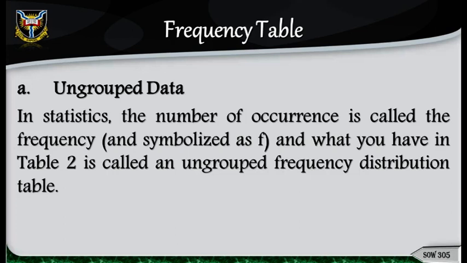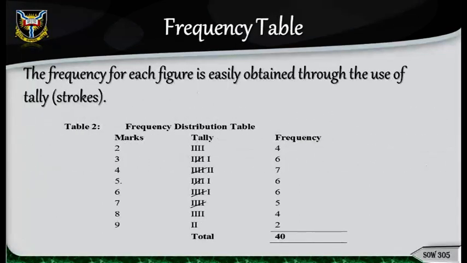Therefore, an ungrouped frequency distribution is a list of figures occurring in the raw data together with the frequency of each figure. The frequency for each figure is easily obtained through the use of tally strokes. In order to prepare a frequency table, therefore, we count the number of strokes, that is tally, for each mark to obtain the frequency for the mark.